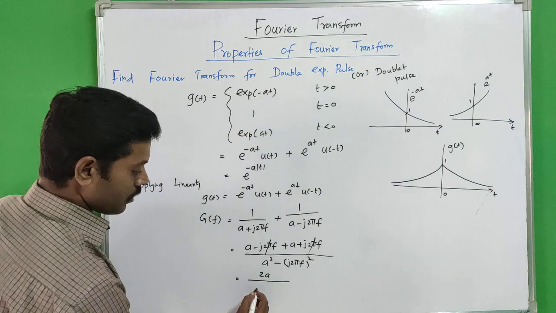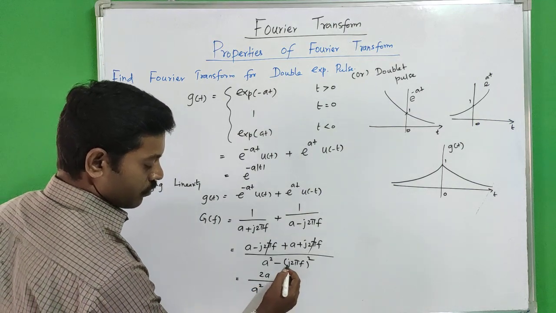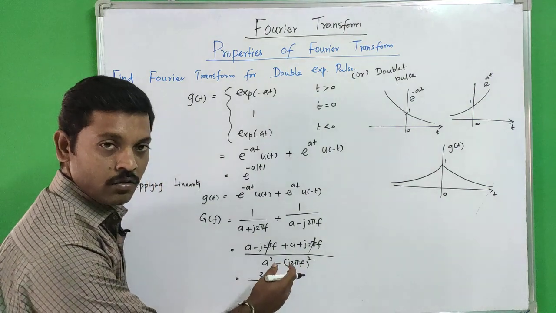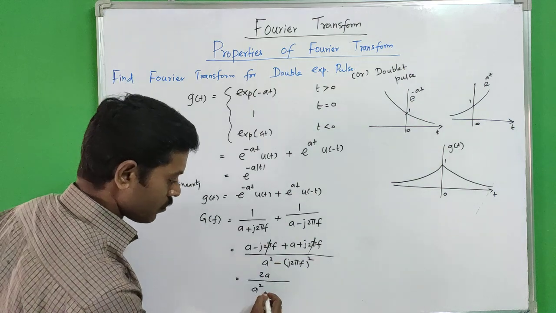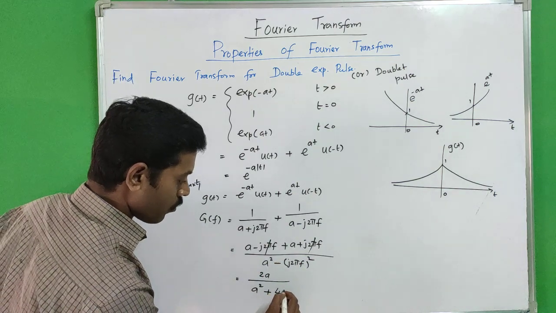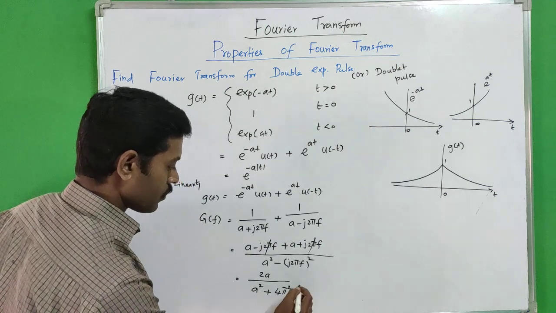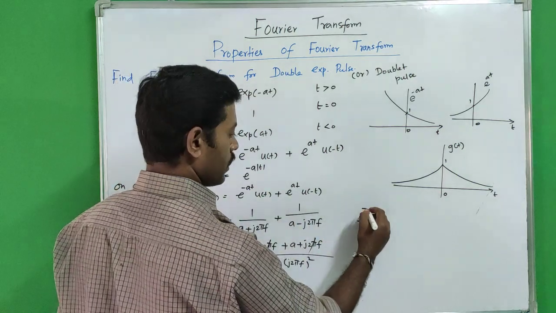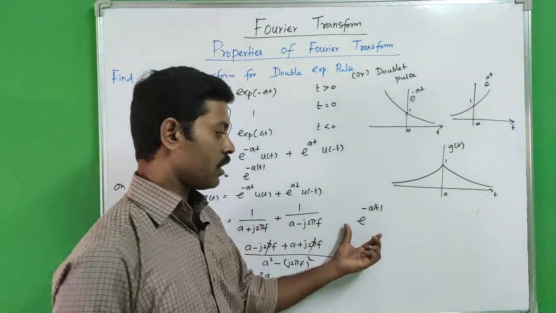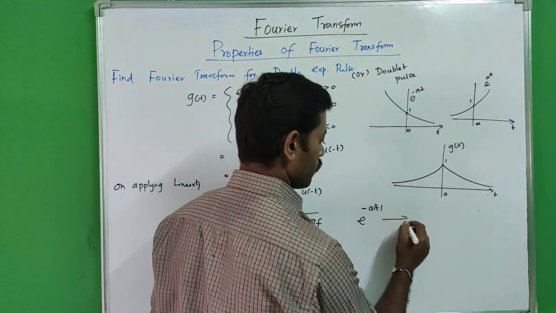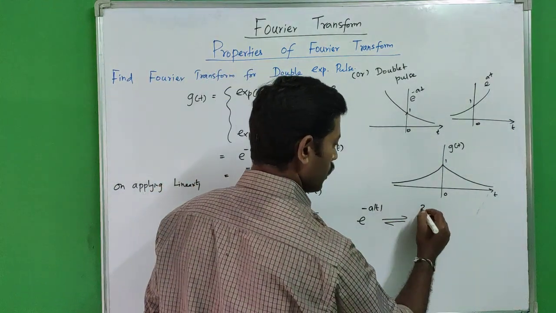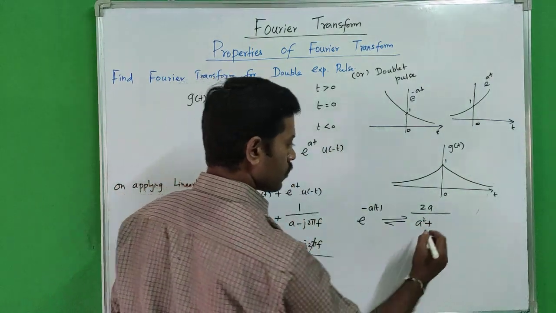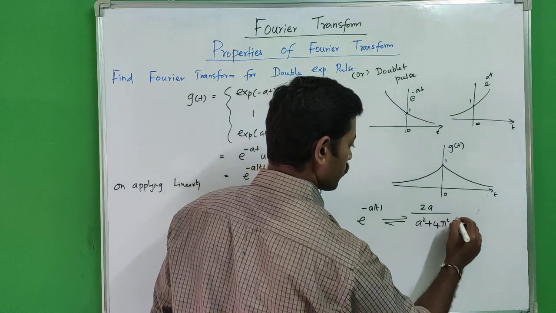In the denominator, if you solve it, j square equals minus 1, so minus into minus is plus. So a square plus 4 pi square f square. So exponential of minus a mod t, which is the doublet pulse, has a Fourier transform pair with 2a divided by a square plus 4 pi square f square.